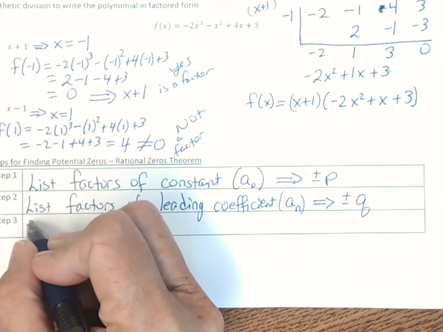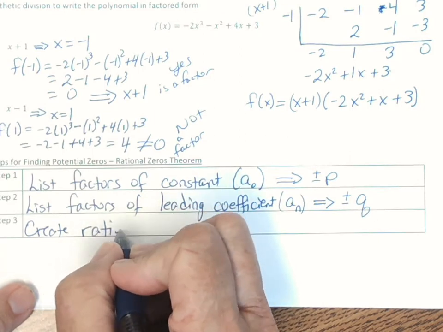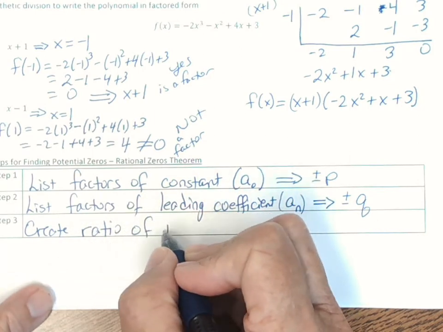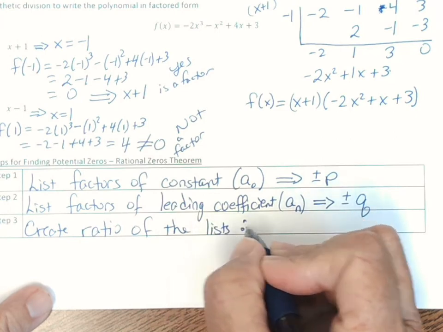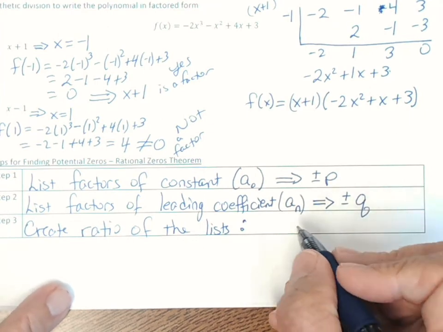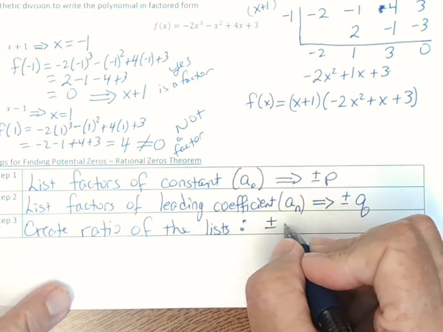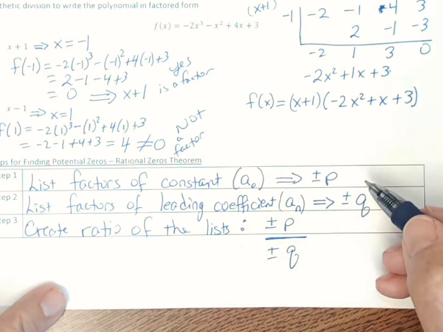Finally, you create the ratio of the lists. I'm going to take all my p's and divide them by all the q's. So plus or minus the p's divided by plus or minus the q's.